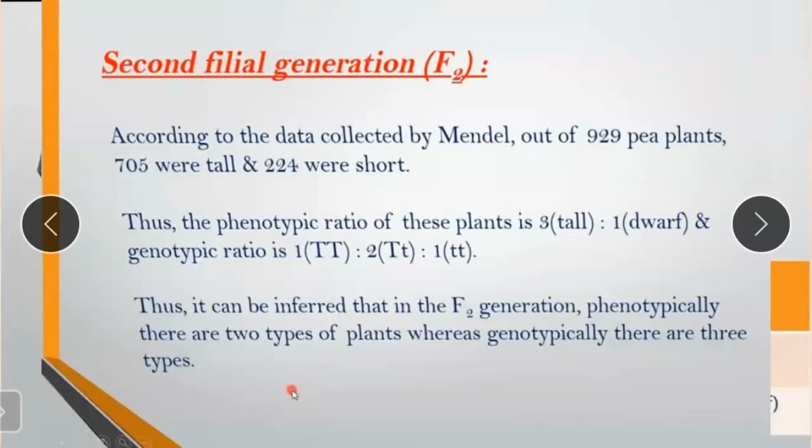Means what? 3 tall plants, 1 dwarf plant. And what is the genotype ratio? Means TT, purely tall plants are 1, hybrid Tt are 2, and small tt, purely dwarf plant, are 1. This is the ratio. Thus, it can be inferred that in the F2 generation, phenotypically there are 2 types of plants, whereas genotypically there are 3 types of plants.